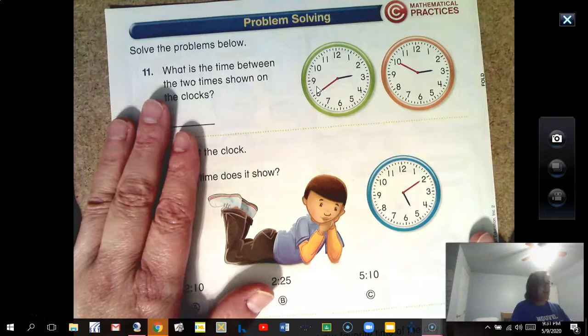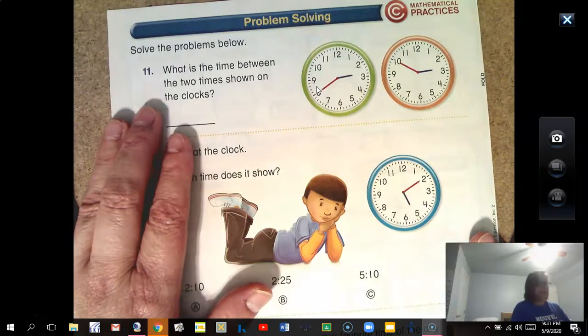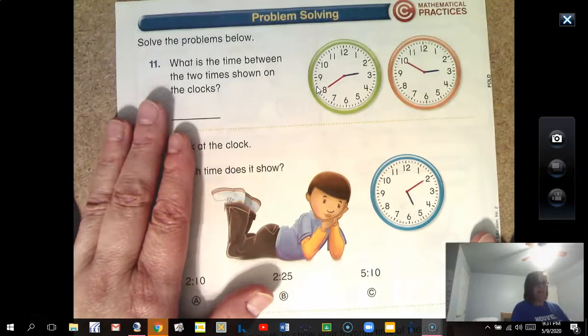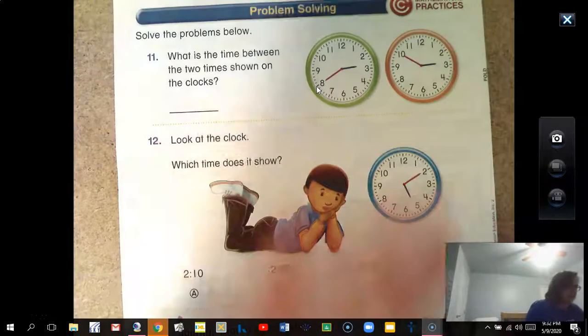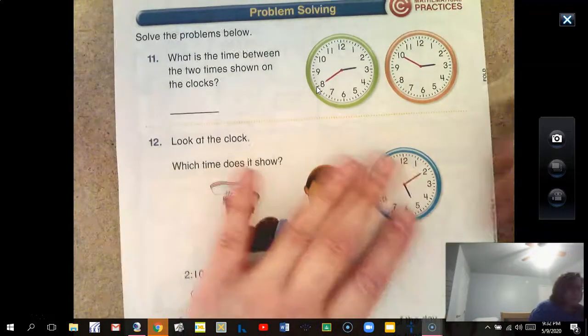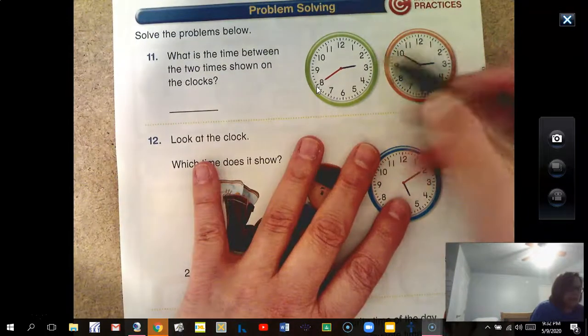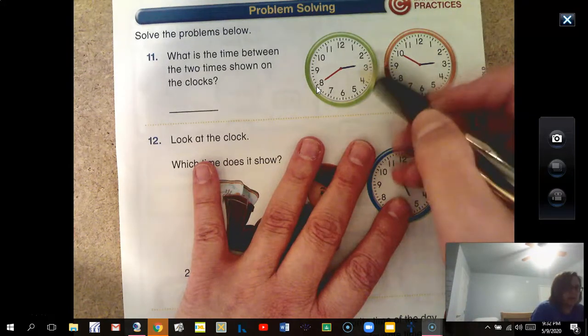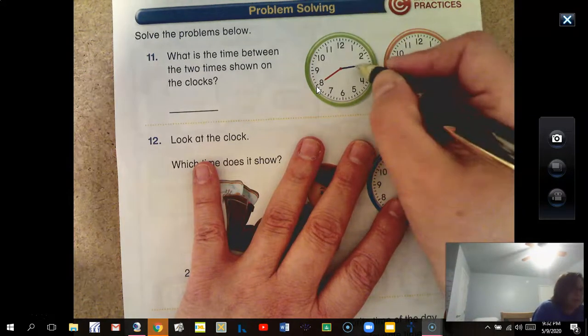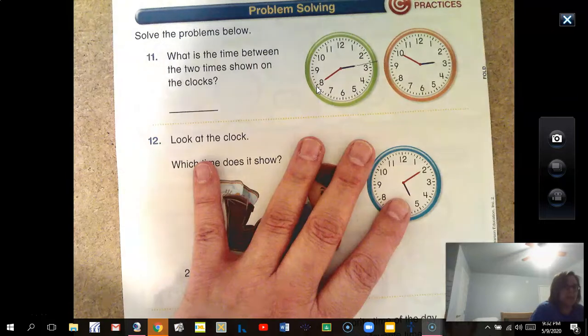Okay, what is the time between the two times shown on the clock? Oh, so let's take a look at the first one. And this is the hour. If I finish the hour, I go all the way across.